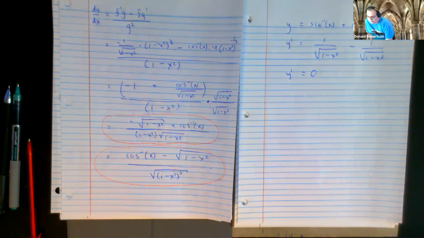That's pretty weird. Would you agree? What on earth is that telling us about the inverse sine of x plus the inverse cosine of x when its derivative is 0, no matter who x is? It must be telling me something. So what is it telling us?